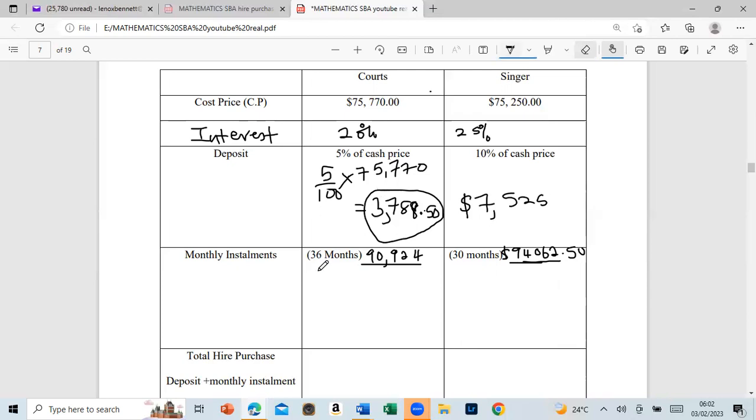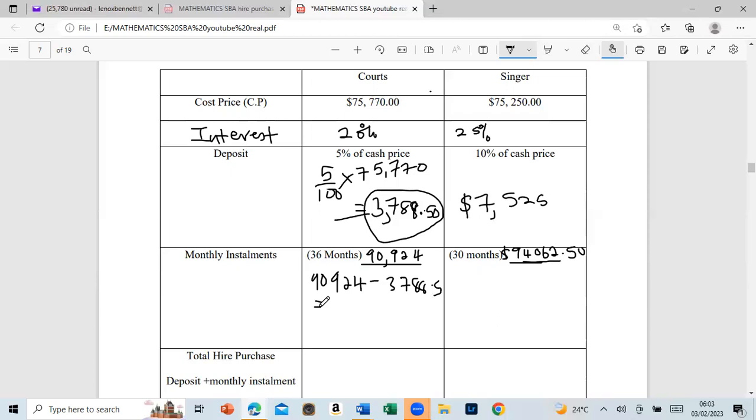Alright, so the grand total is 90,924, right? So we're going to subtract the deposit from it, which is this. So we minus 3,788.5. And then I will explain what we do next. So let's go.